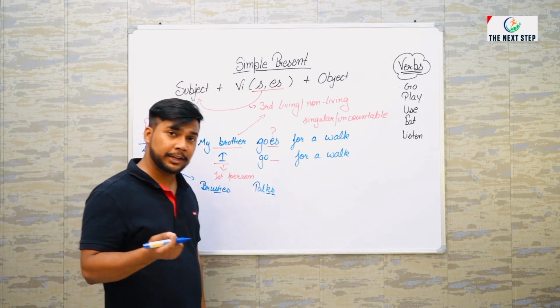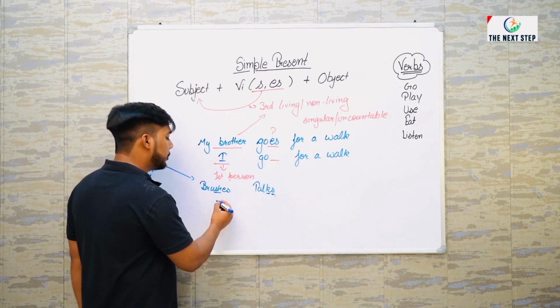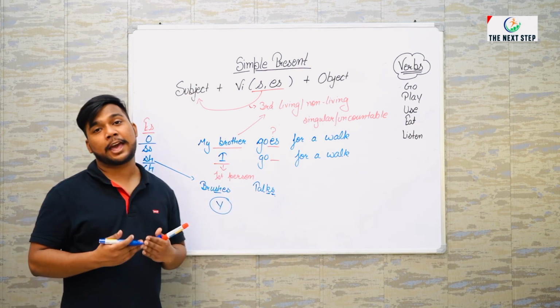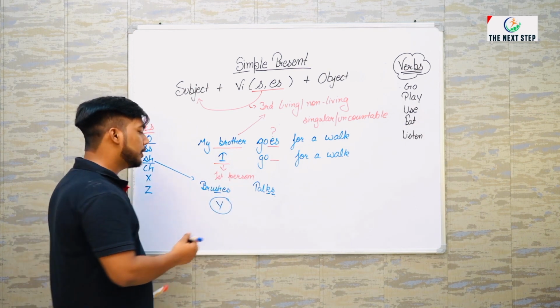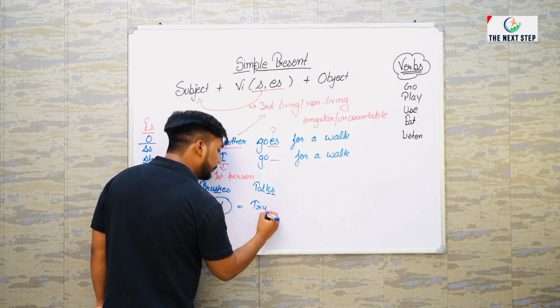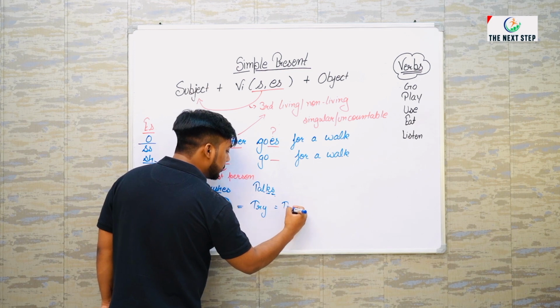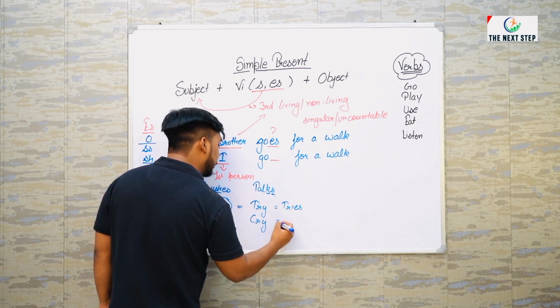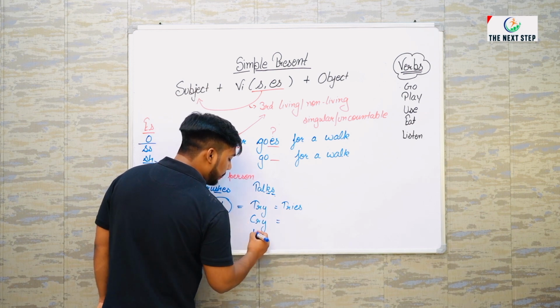But one more thing here is about Y. If you have Y in the ending of your verb, then the rule will differ. Like try changes into tries, cry, play.